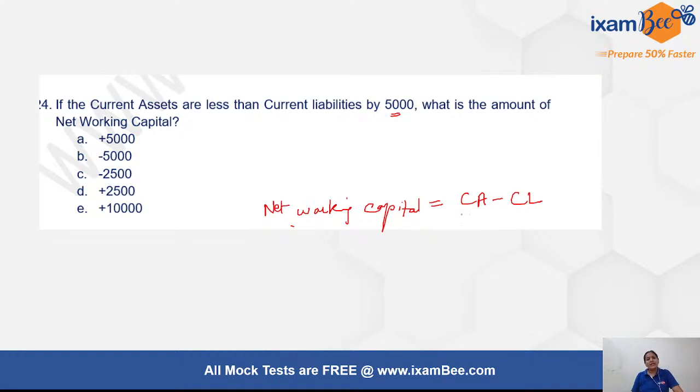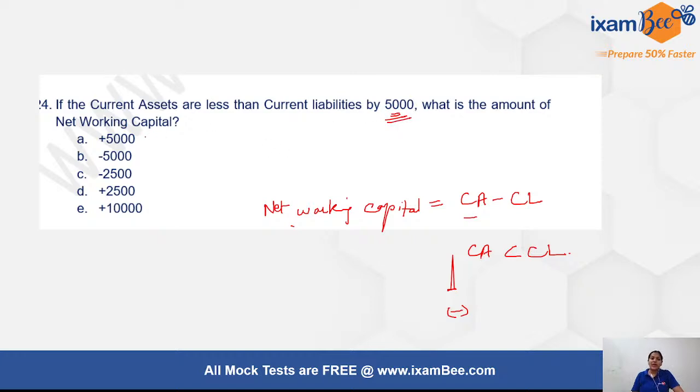So if we know that it is current assets minus current liabilities, and our current assets here are less than our current liabilities, then my answer will be negative. The amount by which they differ is already given to me as 5,000, so there is no other calculation I need to do.